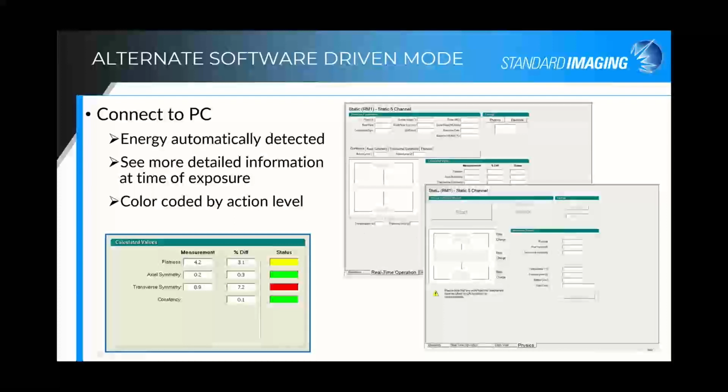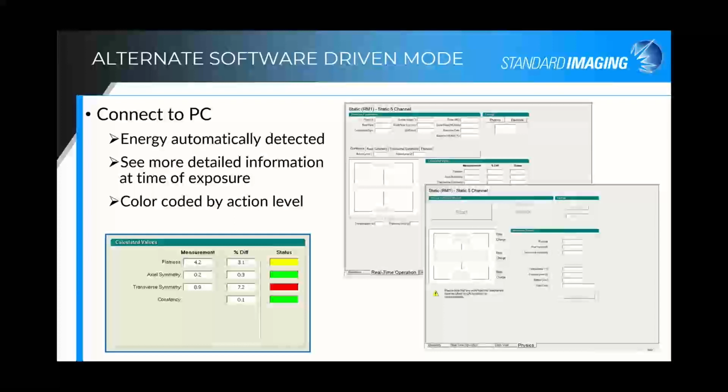So the alternate software-driven modes we have. Not only do we have the physics mode that I kind of mentioned, but we have a real-time operation. So if you do want to have it connected to the software, you can connect the PC either again with the serial cable or the Bluetooth connector, and then you can run it in real time, see your results on the PC screen if you so desire.